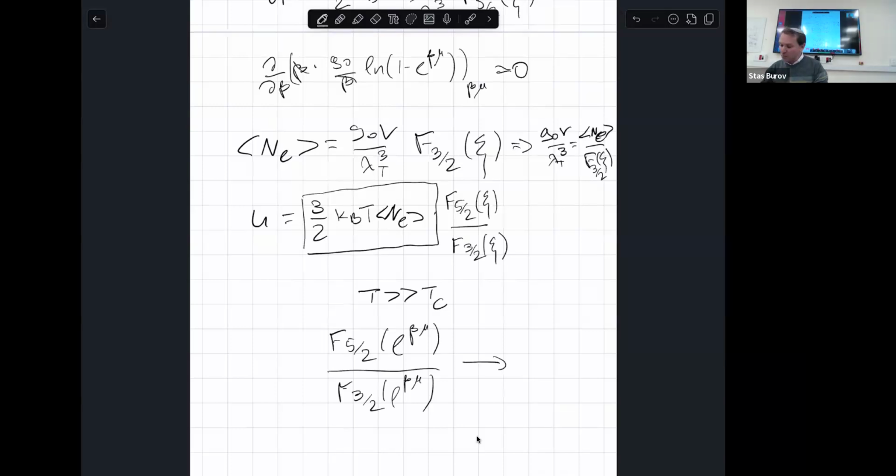Now we know that μ is smaller than 0. The chemical potential, for large enough temperatures, always has to be below 0. Beta is 1/k_B T. So all of this converges to the behavior of 1.